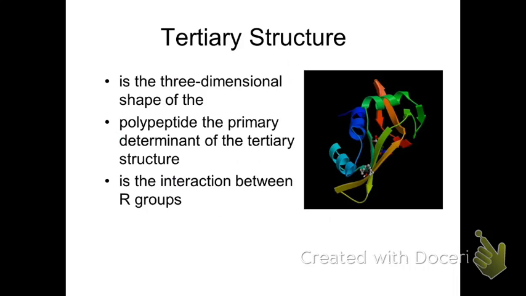Now, this final three-dimensional shape of the protein results from interactions between the amino acid R groups. So with secondary structures, it was interactions between the peptide bonds of different amino acids. And now for the tertiary structure, or for the final folds that are made, there are interactions between the R groups of the amino acids.